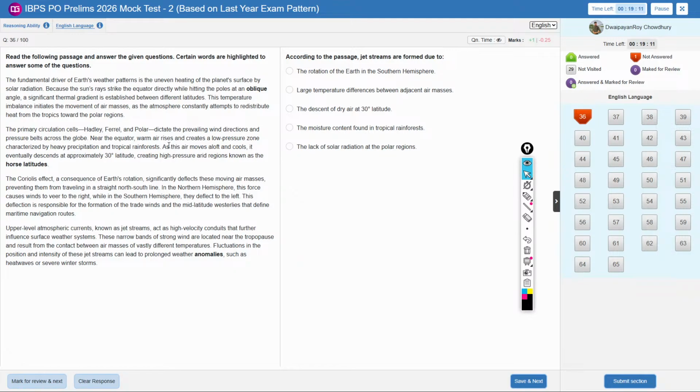Near the equator, warm air rises and creates a low pressure zone characterized by heavy precipitation and tropical rainforest. As the air moves aloft and cools, it eventually descends at approximately 30-degree latitude, creating high pressure and regions known as horse latitude. The Coriolis effect, a consequence of Earth's rotation, significantly deflects these moving air masses, preventing them from traveling in a straight north-south line.